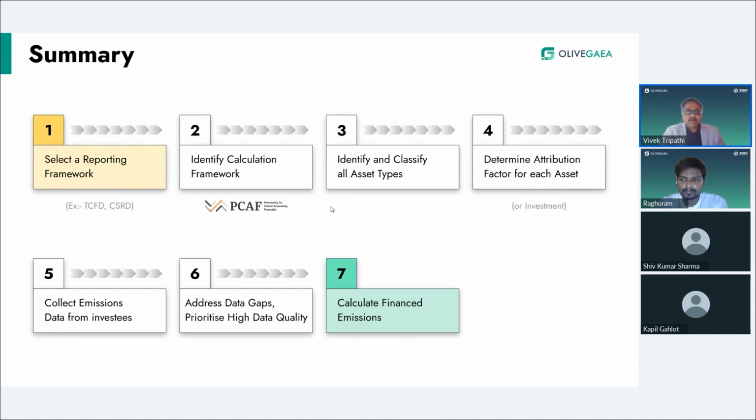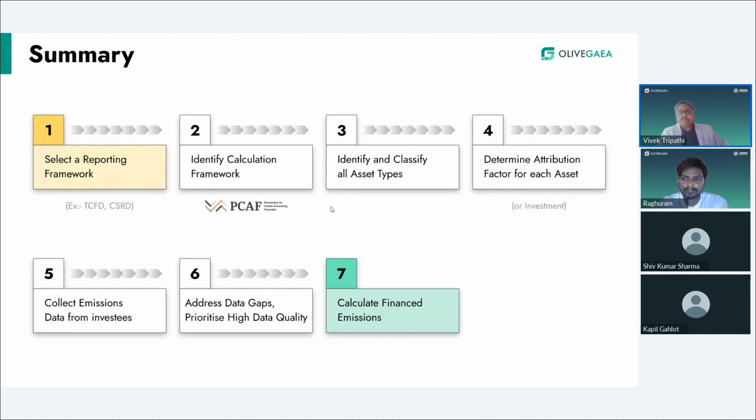Now, if you put it in summary, it starts with selecting a reporting framework. So you identify the overall framework which the bank wants to report their climate action against. And once that is identified, the calculation framework remains the same, which is PCAF, which helps banks start working on their overall emissions, identifying and classifying all asset types.